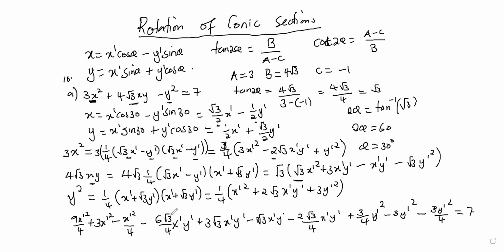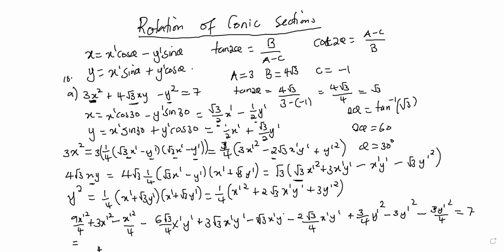Yes. So now we simplify. First, you want to make sure that the product is no longer there. That's a very key thing here. So first, for the x prime squared, we have 4 down, and then 9 plus 12, it's 21, minus 1, it's 20.